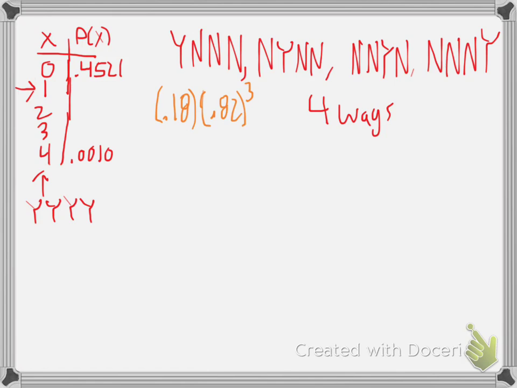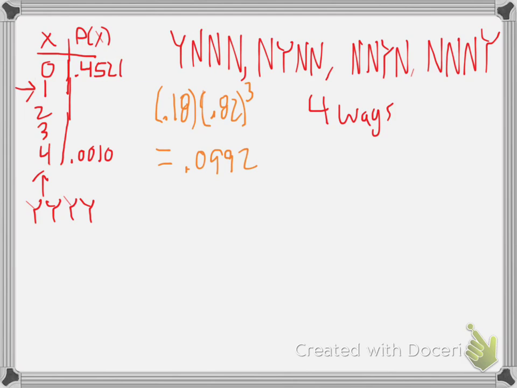Well, if you multiply those together, 0.18 times 0.82 to the 3rd, you should get 0.0992. But that's not the probability of 1, because that's the probability of one of the ways that 1 can happen. And there's 4 different ways, and they're all the same.